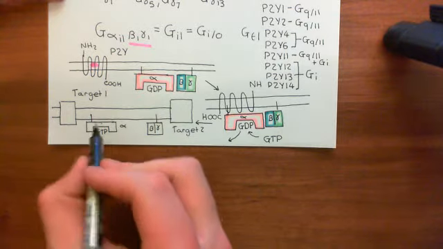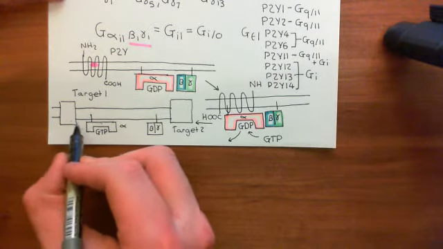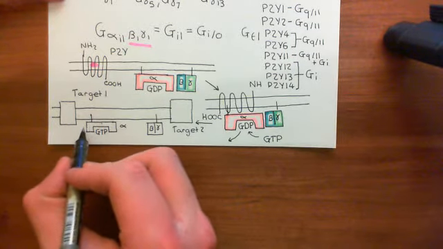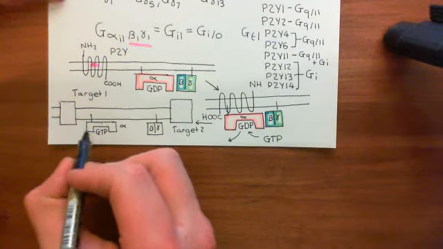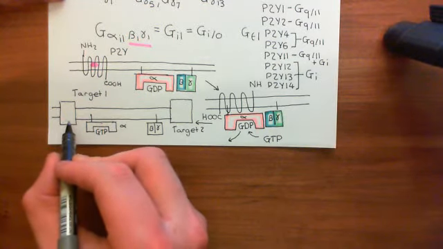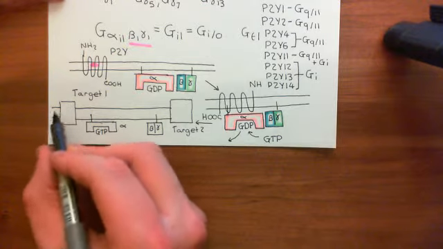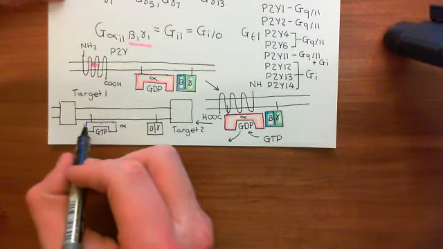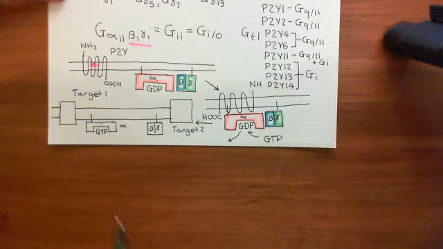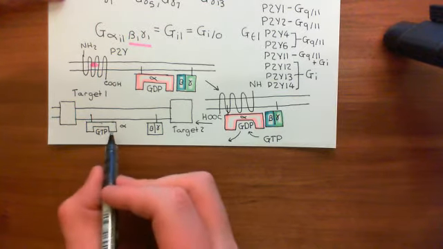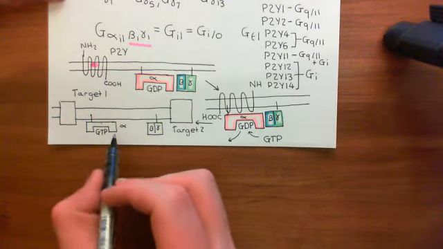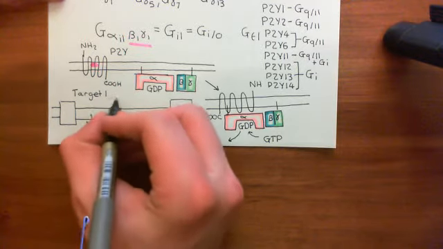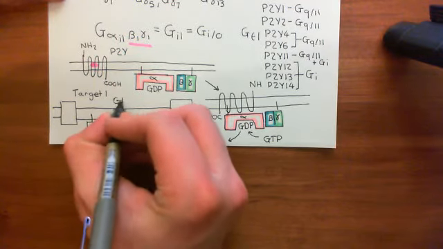Okay, now what will happen is not only when the alpha subunit with the GTP bound to it binds to target 1 does it affect the behavior of target 1, but also this binding interaction affects the behavior of the alpha subunit, because the alpha subunit is actually an enzyme. Okay, it's actually a GTPase enzyme.